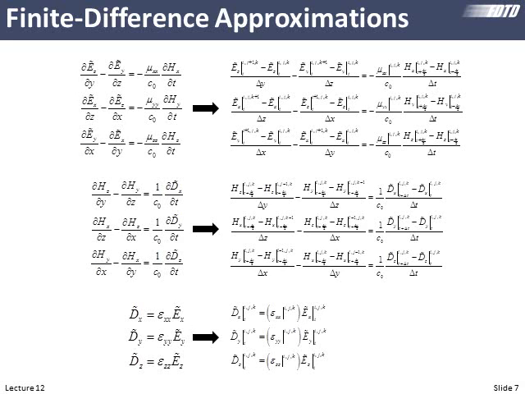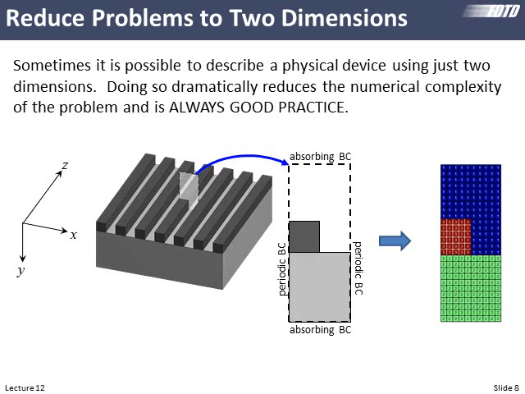We approximated those with finite differences. We then discussed how we're always modeling a three-dimensional device. Even if our model is two-dimensional or one-dimensional, we're always modeling a three-dimensional device. And we discussed going from a three-dimensional device to 2 dimensions.